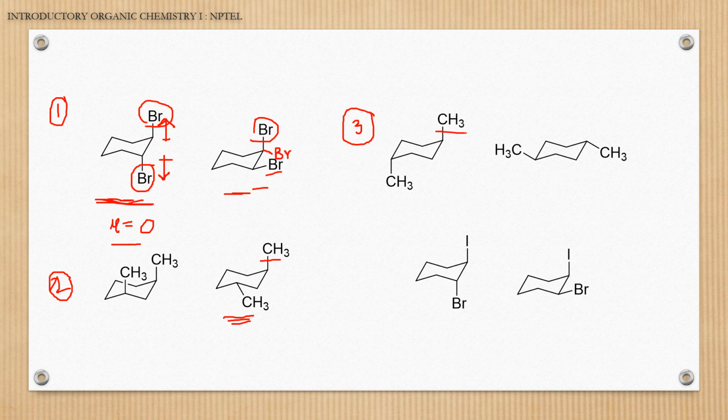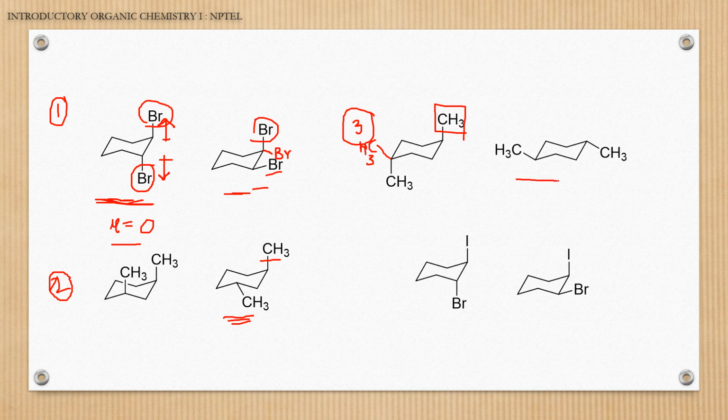If this is a methyl above the plane, I'm drawing it like this. If you compare, this is a cis isomer and this is a trans isomer, right? In the cis isomer, one of the methyl groups is at the axial position, and in the trans isomer both methyls can be at the equatorial position.